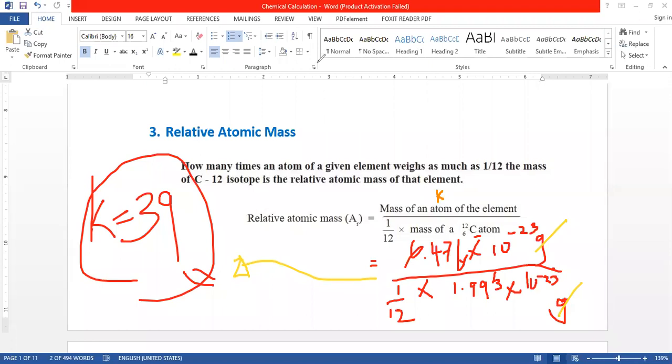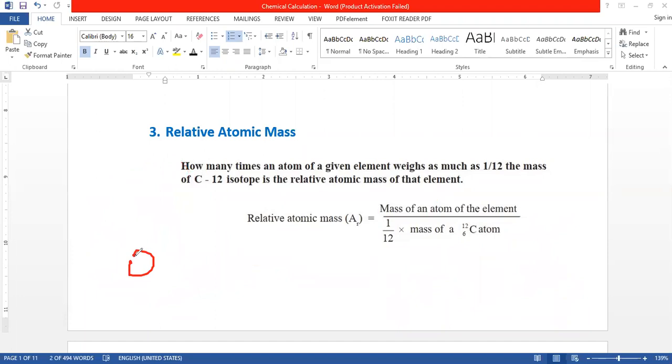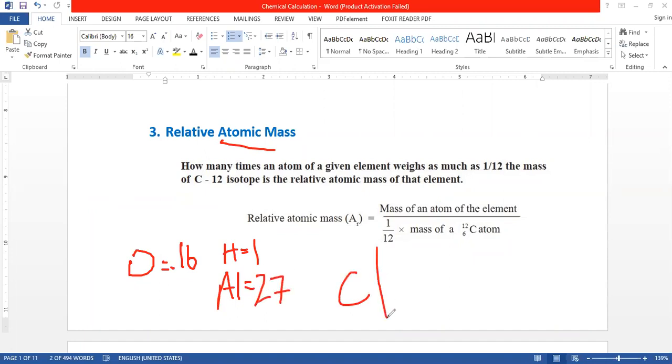So can someone say, if I use it for oxygen, what would be the answer? 16. You know this. The relative atomic mass of oxygen is 16. If I use this for hydrogen, what would the answer be? 1. For aluminium? 27. For chlorine? 35.5. For sulfur? 32.